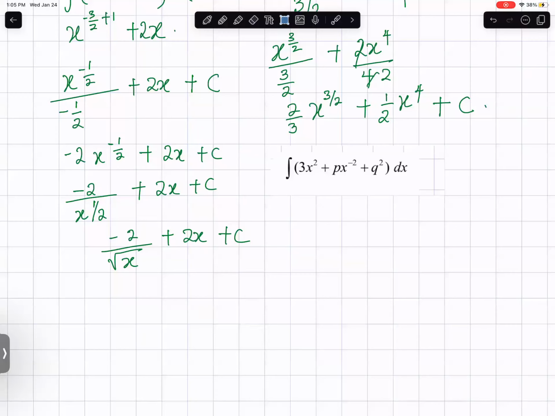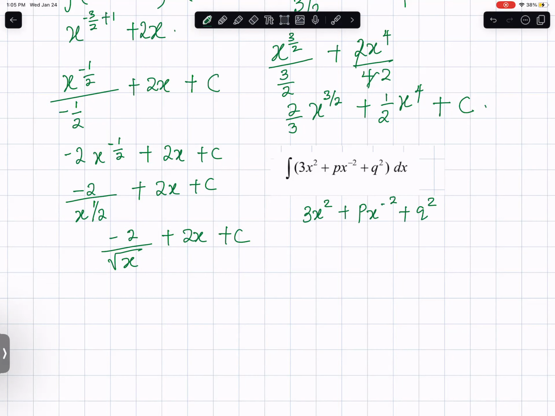Next, we are integrating this expression with respect to dx. I have 3x squared plus bx minus 2 plus q squared with respect to what? X only. So take note of that.